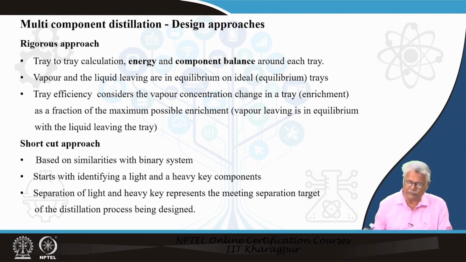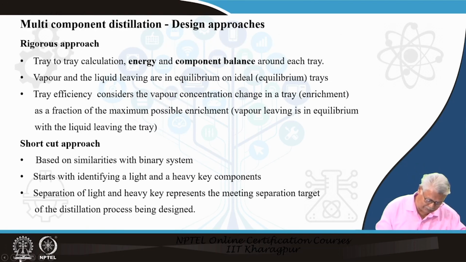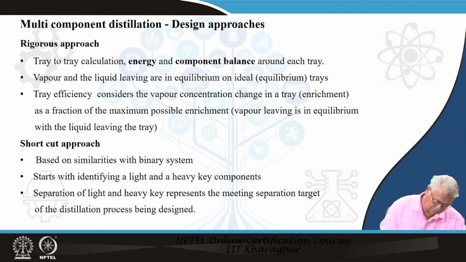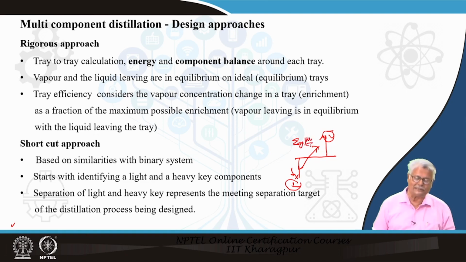That means, if you are talking about a particular distillation tray, from where a vapor leaves and a liquid falls off, this liquid and this vapor are in equilibrium. So, that is a fundamental consideration here.